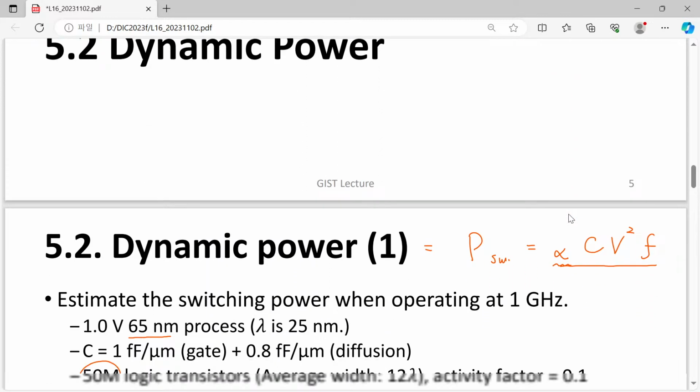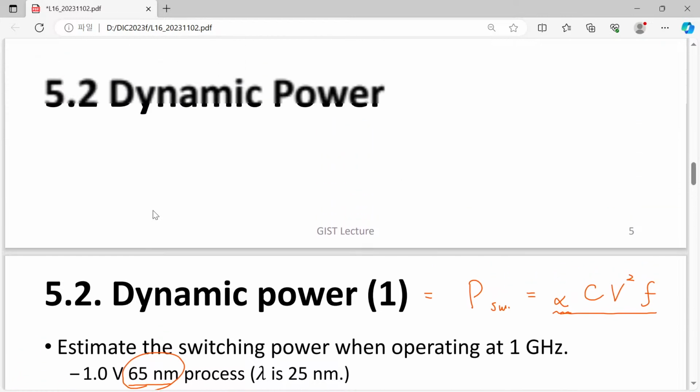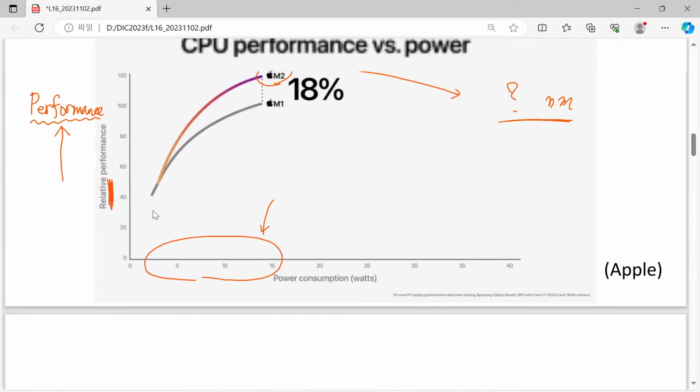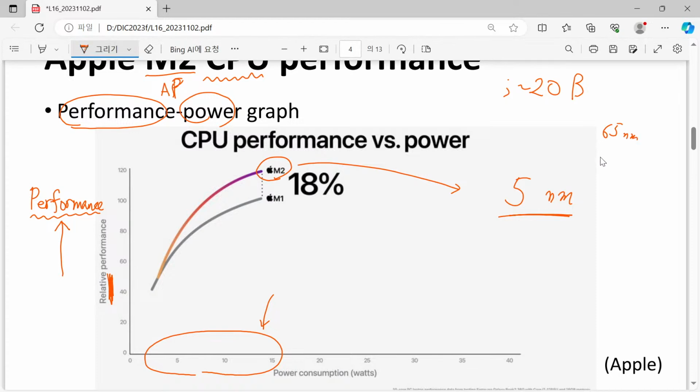So here, 65 is the number specifying this process technology. And when you come back to this M2 processor, the value is now 5. So compared with our previous number 65 nanometer, it is shrunken quite significantly.